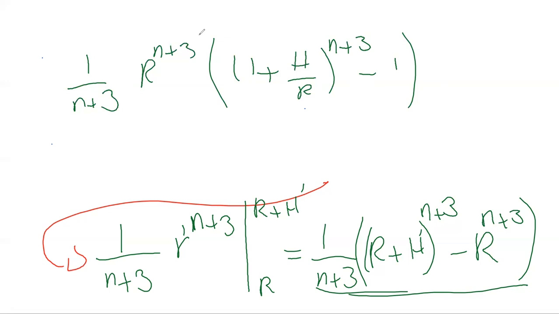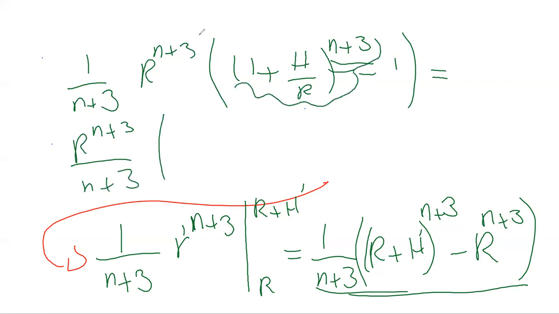But we still have a problem with this term because n plus 3 is in the power. When it is so, it's very difficult to perform the surface integration. Then I continue this. Instead of this term, I write the Taylor expansion of that.